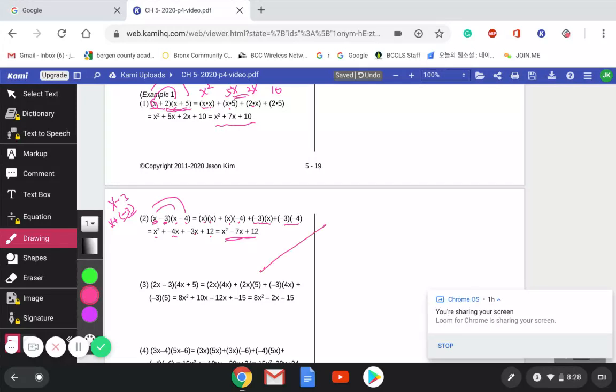Number 3, if I do it here, 2x minus 3 with 4x plus 5. Again, I'm changing this minus into plus negative, so that becomes 2x plus negative 3.